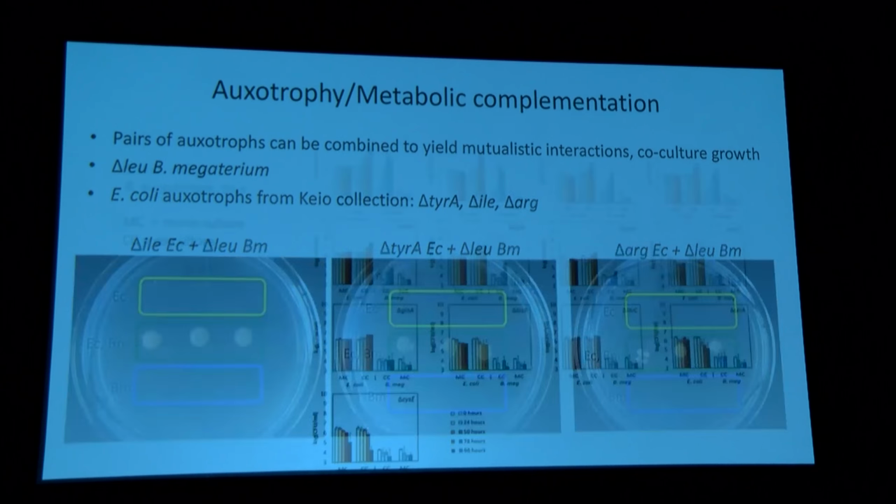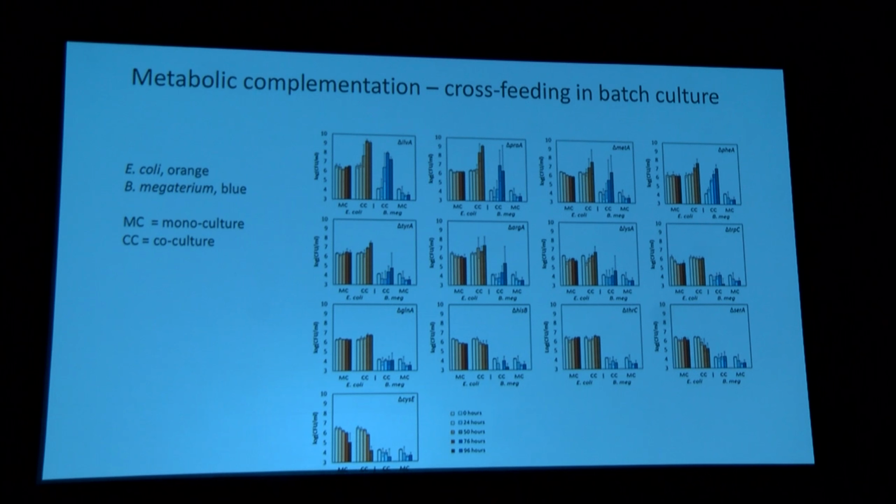So I realize this is a pretty dense slide, but hopefully we can get to it by looking at the pattern. In each of these little squares, I have an E. coli auxotroph, which is indicated up here, and I have our Bacillus auxotroph for leucine. On the outside in orange, I have how the E. coli monoculture grows over a period of 96 hours, so 24-hour time points. And then in the middle, I have the E. coli growth in co-culture.